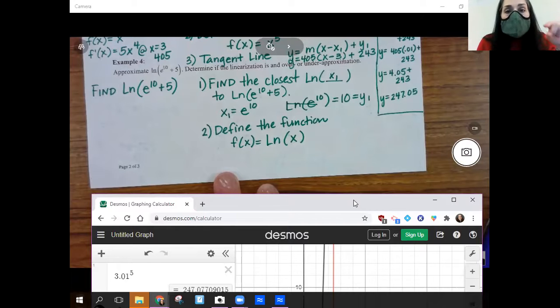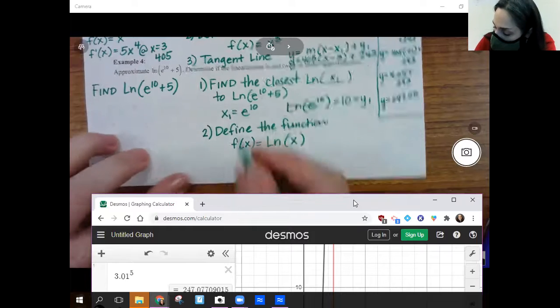That's true. But don't forget, e is just a number, okay? E is just a number like pi. So really the function is you're taking the natural log of something. All right, and we definitely don't have very many natural logs memorized. We only have one really, and that's the natural log of 1. We know that's 0. Everything else is like, I don't know what the natural log of that is.